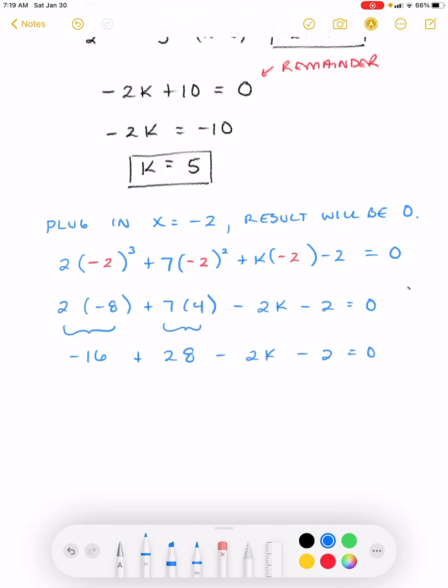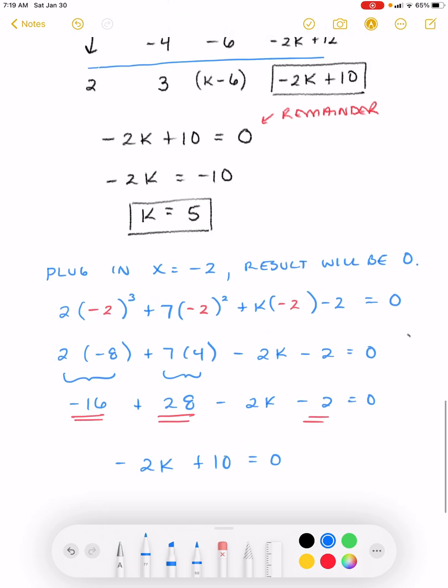What I want to do in this step is take all these constants. I'm grabbing my calculator right now. Let's take negative 16 plus 28 and then minus 2. All of this combines to be 10 minus 2k, or, you know what, I'm going to write this as negative 2k plus 10, and that equals 0.